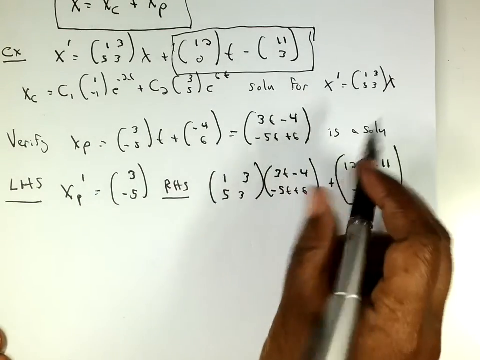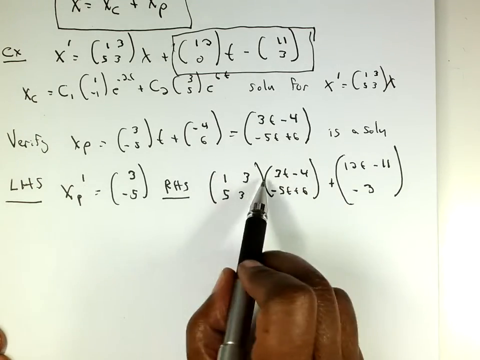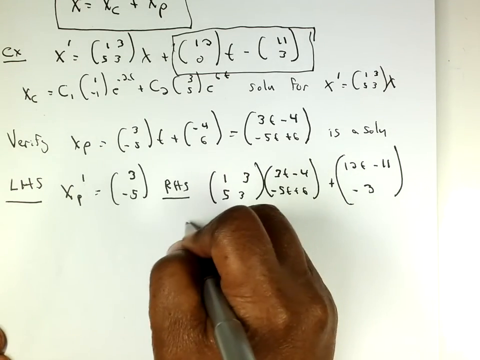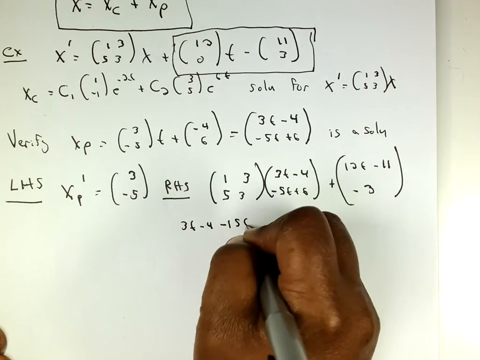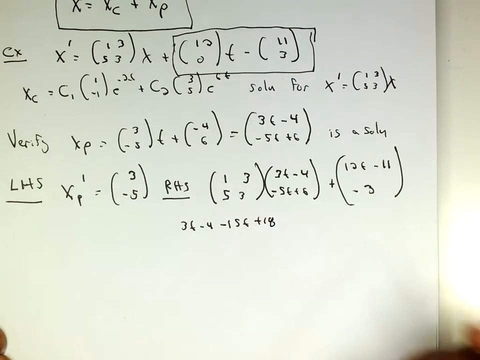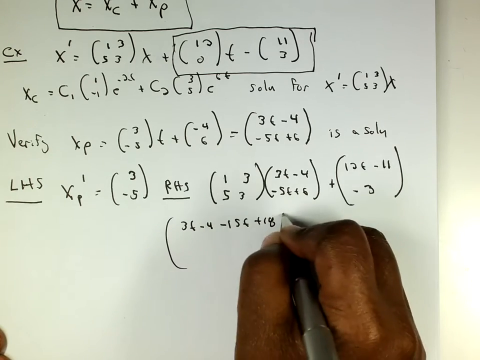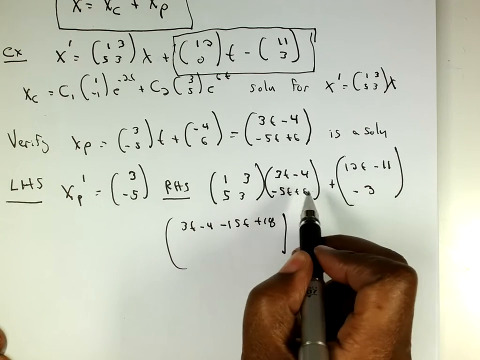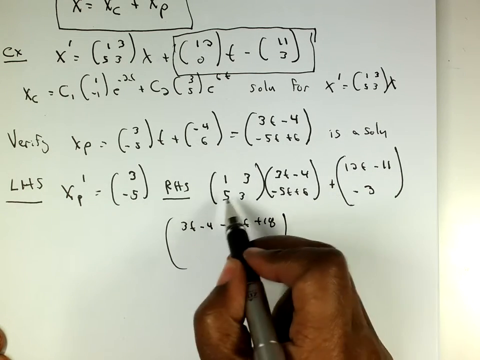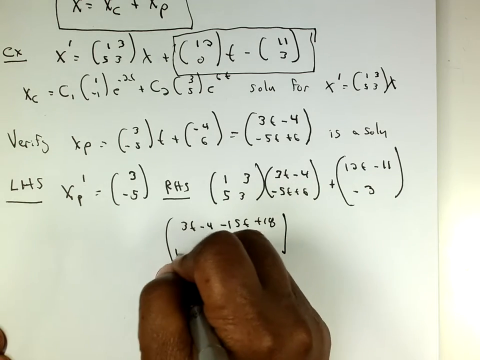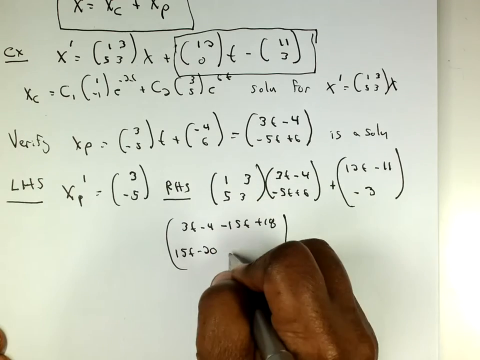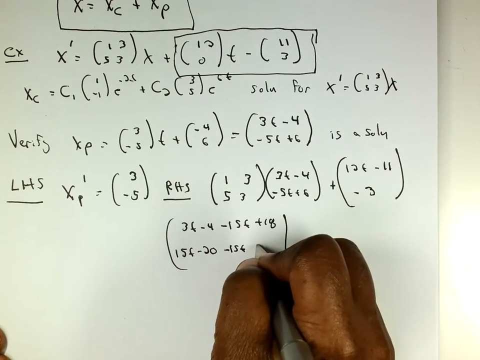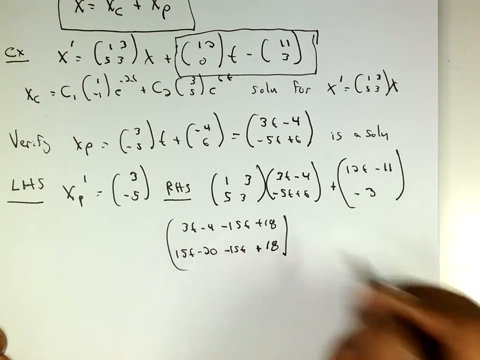So first I'm going to do the multiplication. I get 3t minus 4 minus 15t plus 18. And then I get 15t minus 20 minus 15t plus 18.